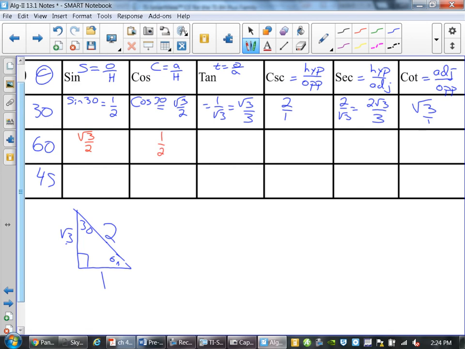Tangent, root 3. And now you just do the reciprocals. What's the reciprocal of root 3 over 2? 2 root 3 over 3, very good. What's the reciprocal of 1/2? 2. And the reciprocal of root 3?